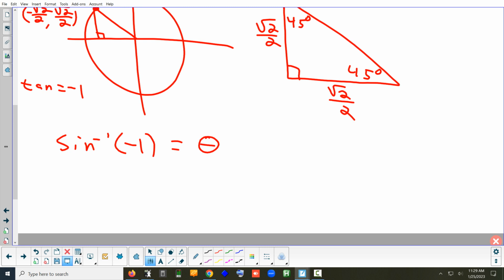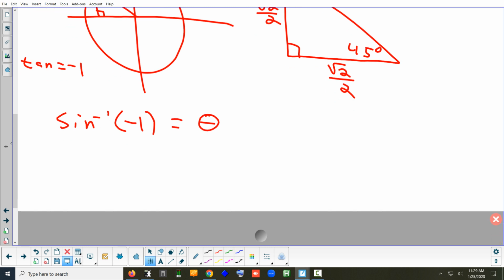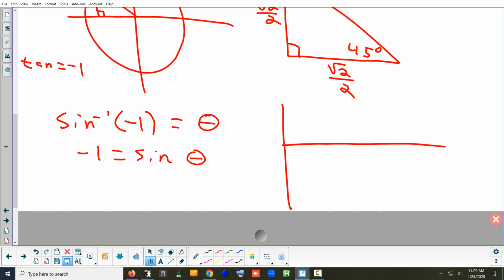If you don't want to think about it with inverse sine, you don't have to. You could think about it as regular sine. What do you get if you take the sine of each side? I'm basically asking, if you were to graph sine, where does it hit -1? That's what inverse sine means. So think about the graph of sine.